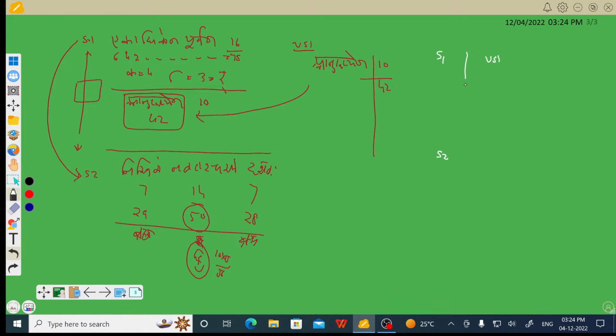Now, first let us have a translation. It is Anurupen. This Anurupen means proportionately. It means a symmetry.